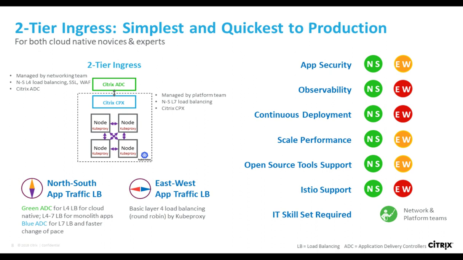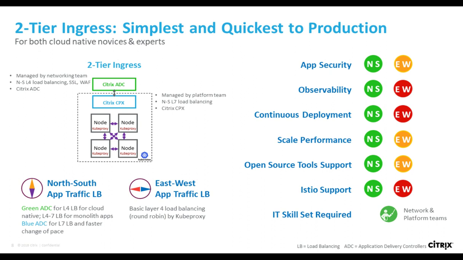The blue ADC, Citrix CPX, is inside the cluster. For north-south traffic, it provides very feature-rich layer 7 load balancing. It is managed by the platform team.